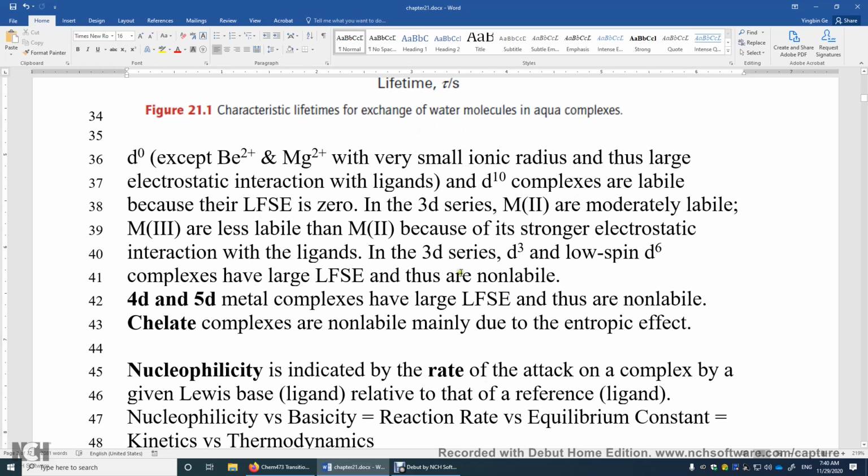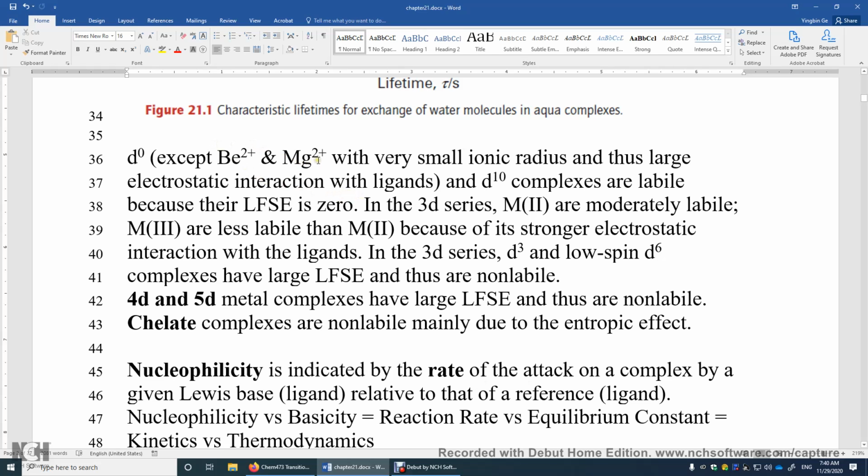Over here, again, let's just go over this analysis. If you have d0 or d10 complexes, their ligand field stabilization is 0. So supposedly, you're going to observe really fast exchange of their ligands, and we'll call them labile, with two exceptions, beryllium 2+ and magnesium 2+.